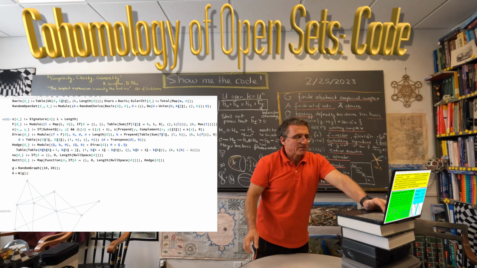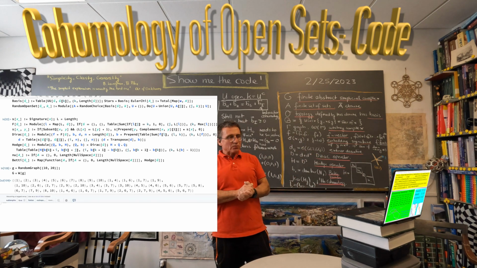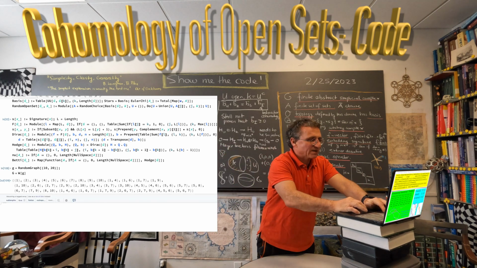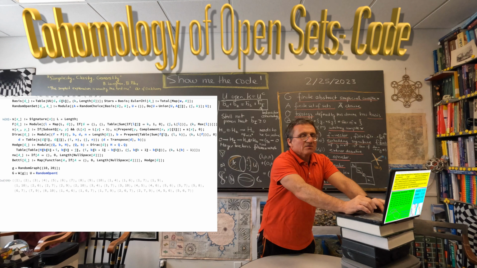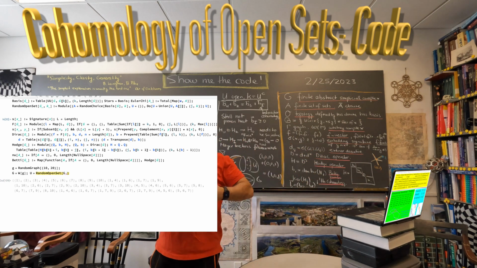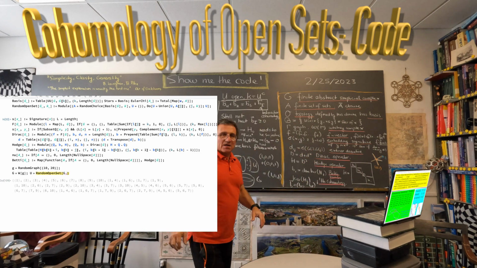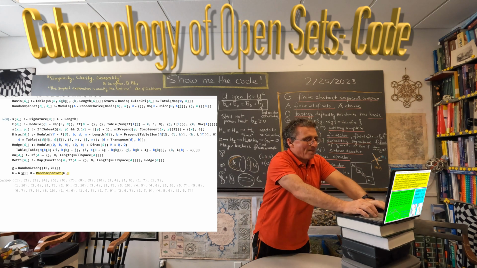So I have the Whitney complex, and now I can just take a random open set there. I call this U, a random open set in G. I just take 3 elements of the basis and add them up.